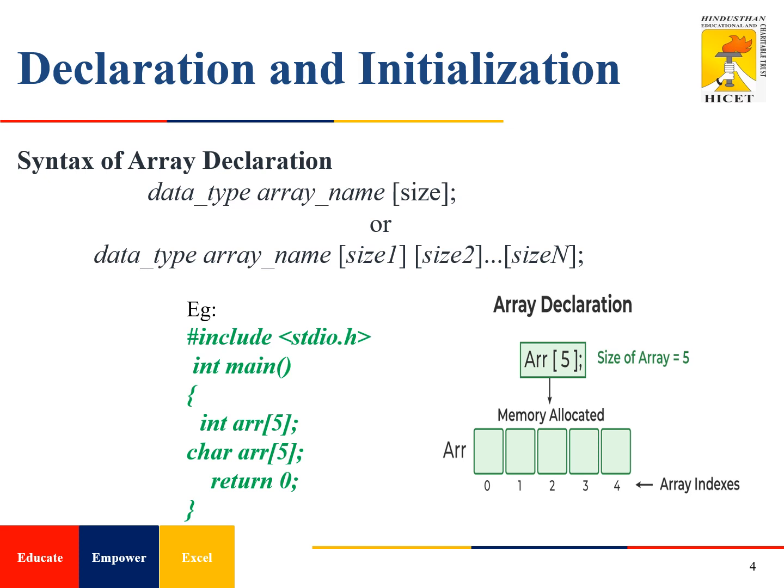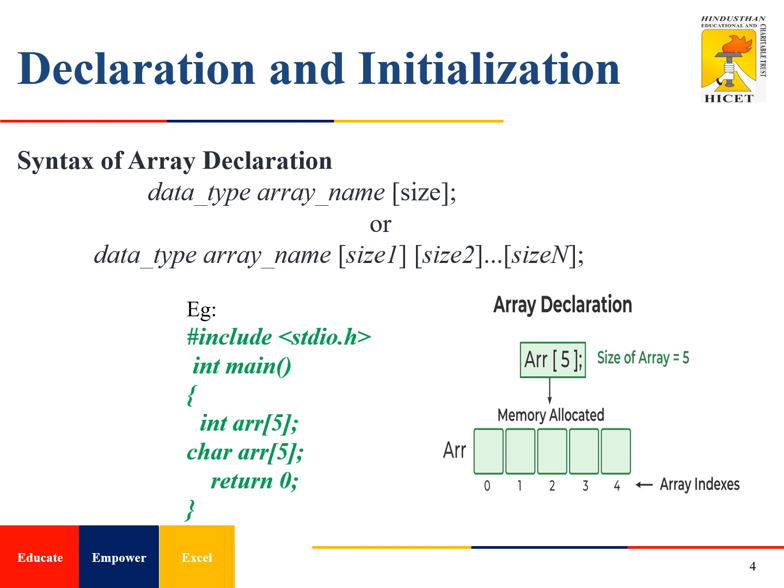We already know that C has a specific structure. So first you need to include some header files to run your program. Here I'm using the standard input output header, and I'm giving some code, just a declaration of arrays. Here we have a main function, and in that main function I'm declaring an array with integer data type, and my array name is ARR.